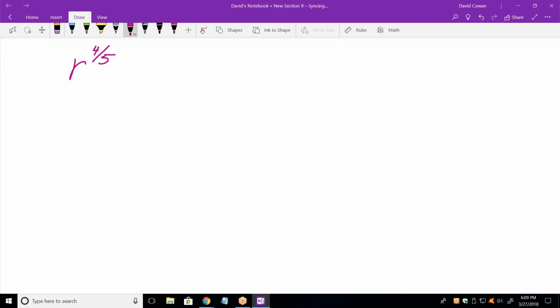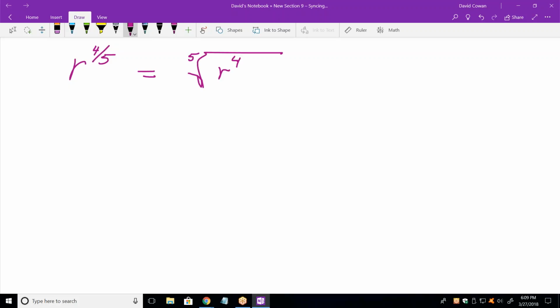Okay, that is a fractional exponent. The bottom is the root, the top is the exponent. So if I want to rewrite that with a radical, I'm talking about the fifth root of r to the fourth.